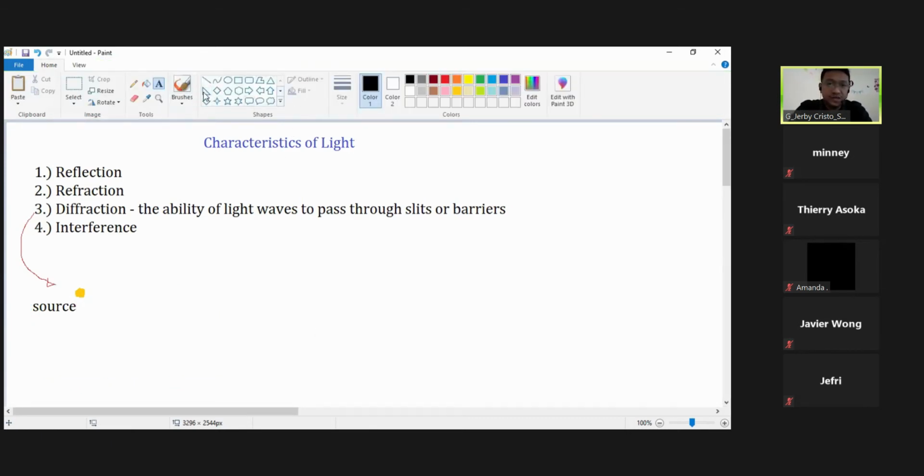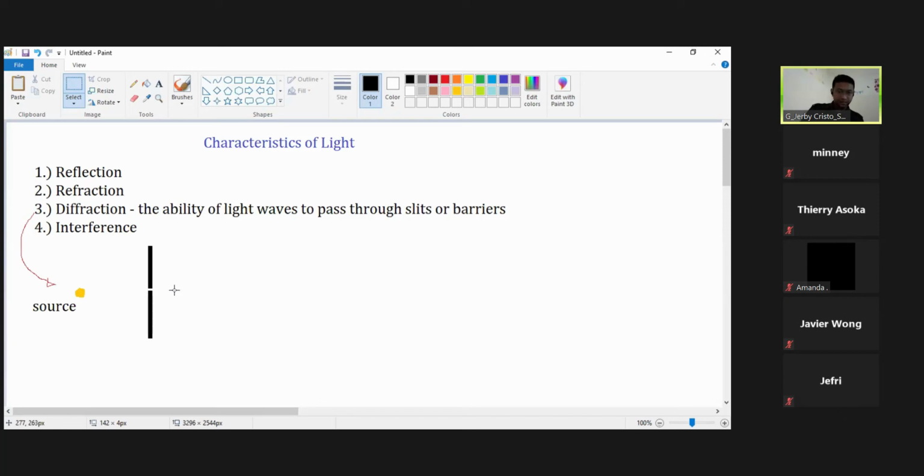And then we assume a barrier. So let's say this is the barrier. And let's assume that this barrier has a slit. It's just a tiny slit.